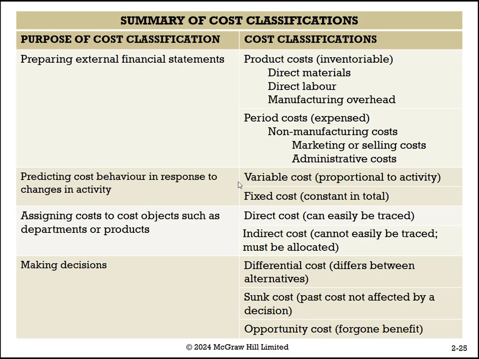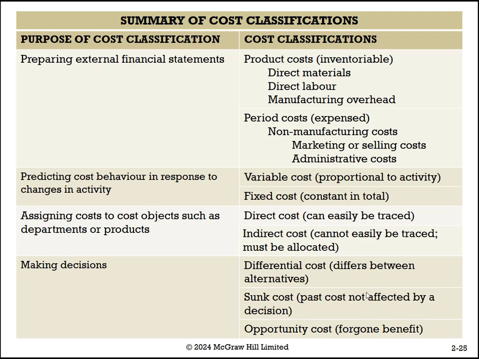So understanding how all of these interact, we need to understand, okay, is this going to be a direct cost? Can it be easily traced? Is it going to be an indirect cost? Is it not going to be easily traced? And then what do we do? Well, if it's not easily traced, it goes to our MOH, our manufacturing overhead. And in a subsequent chapter, we will talk about how we allocate those MOH to the product.